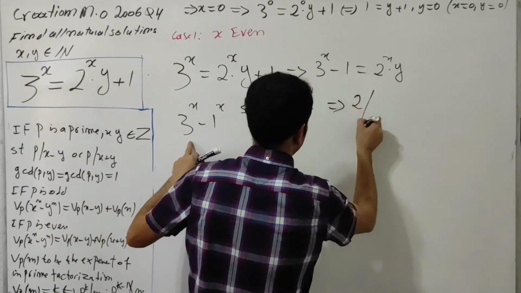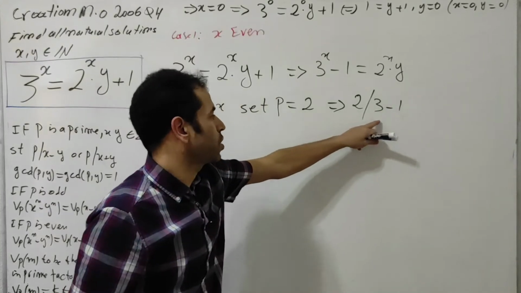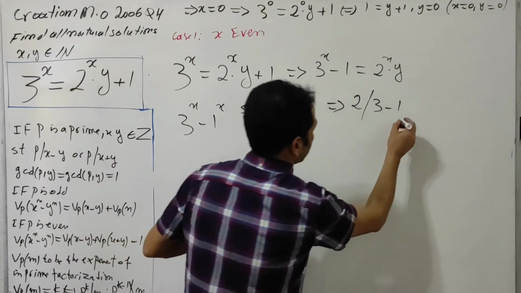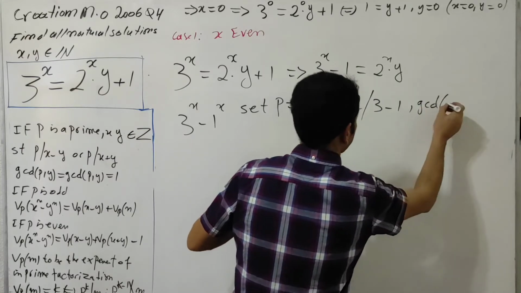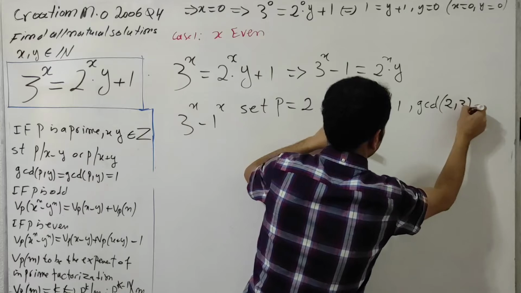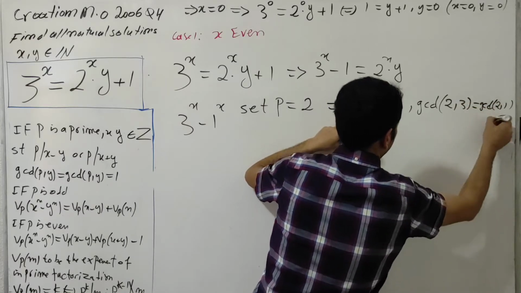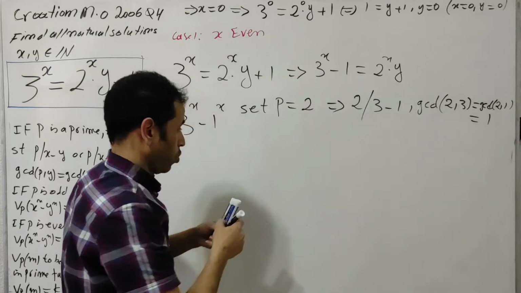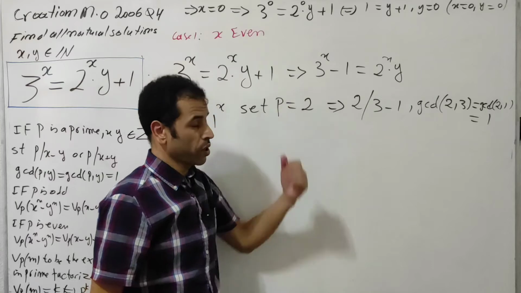So 2 divides the difference of these numbers, 3 minus 1. And also the GCD of the prime 2 and number 3 equals the GCD of prime 2 and number 1 equals 1. So all these three conditions are verified in our setup. That means we are allowed to apply this lemma.